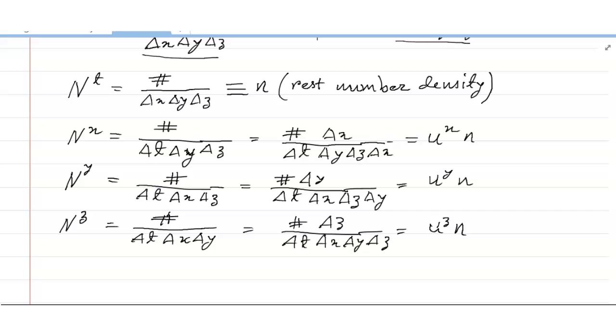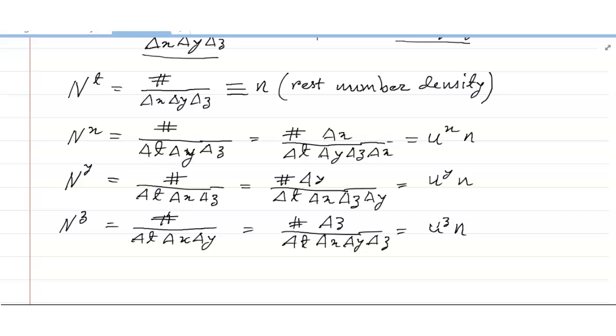This is the same thing as the ordinary number density in all frames, but we will see later in special relativity that number density can change depending on the frame.